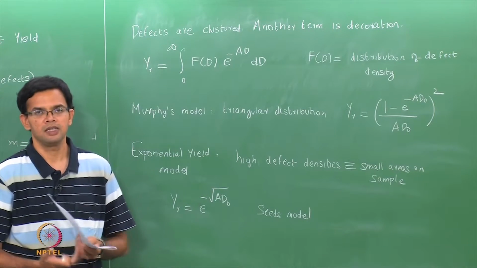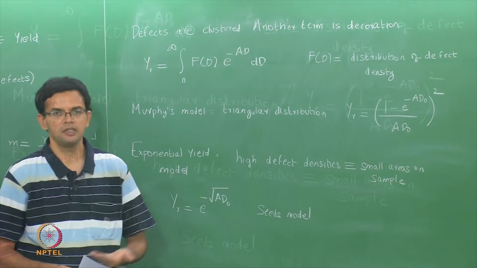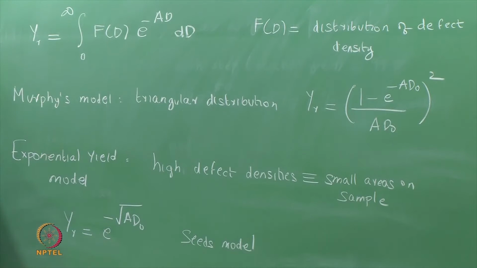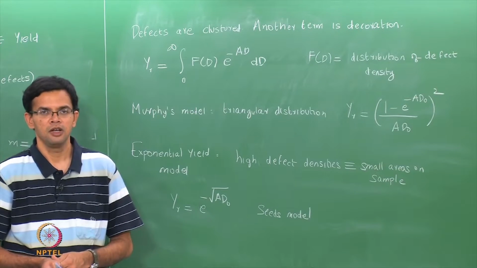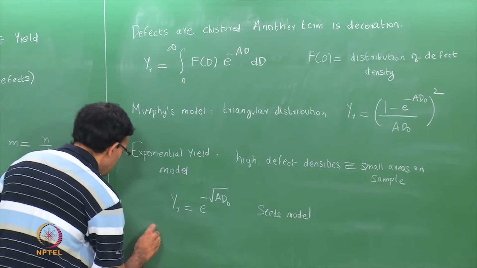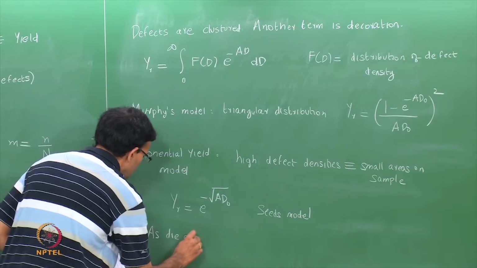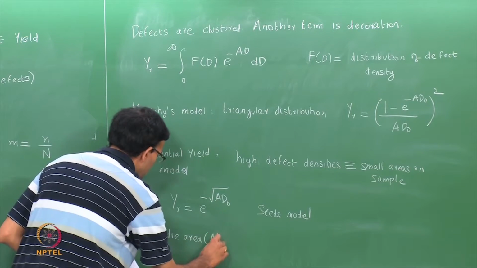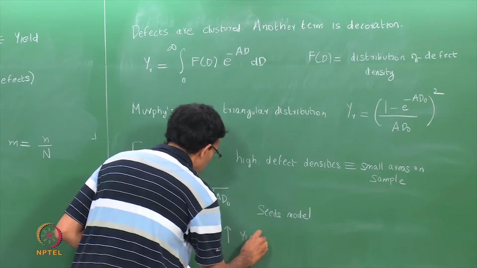For example, there is again a Bose-Einstein model, which once again assumes some other distribution of defects, which gives a different value of yield. So, all of these assume a non-random distribution, but the overall common theme behind all of those is that as the die area, that is A, increases, the yield essentially drops.